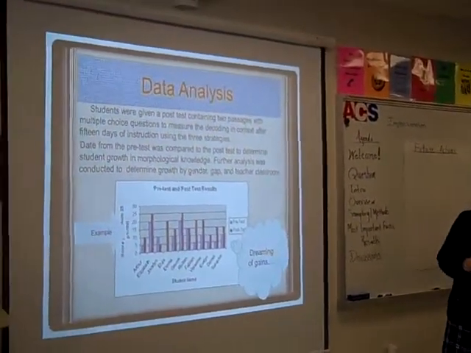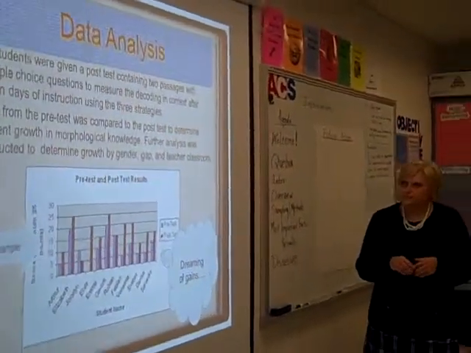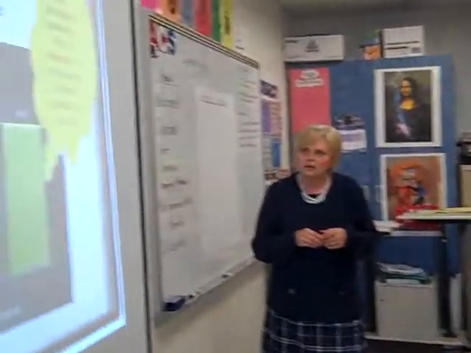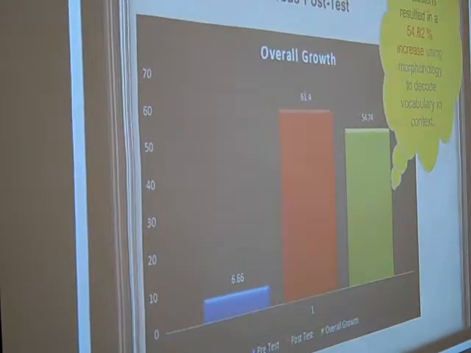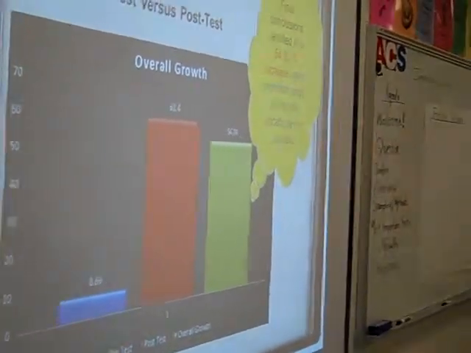So we're ready to move on. This is overall. When I plugged in the numbers, our final conclusion was a 54.82%, or 55%, increase in being able to decode vocabulary in context based on knowing the root word.